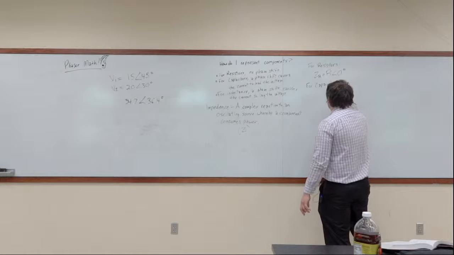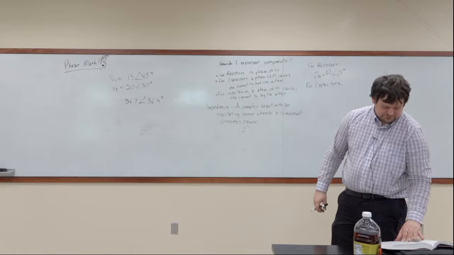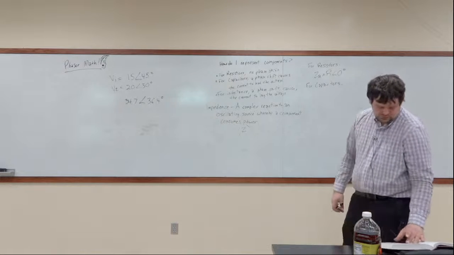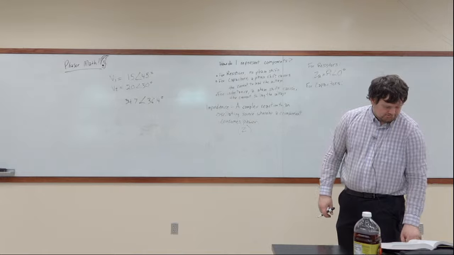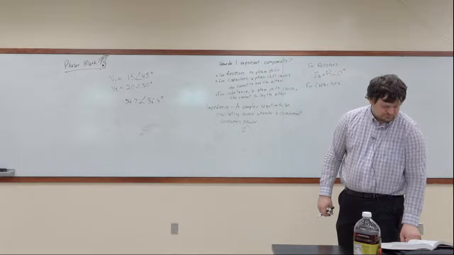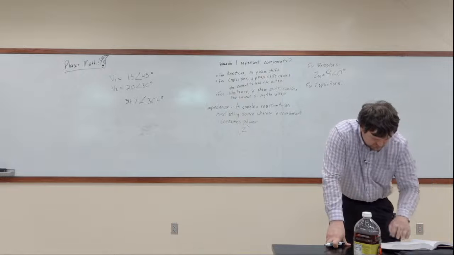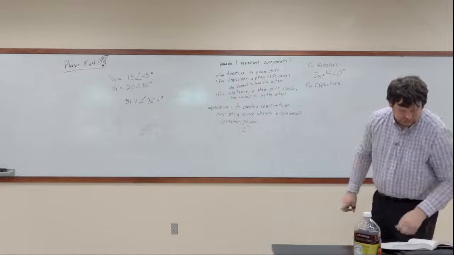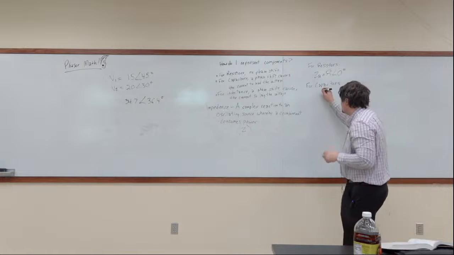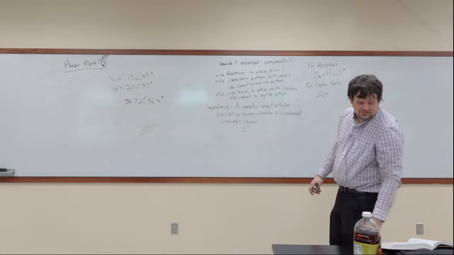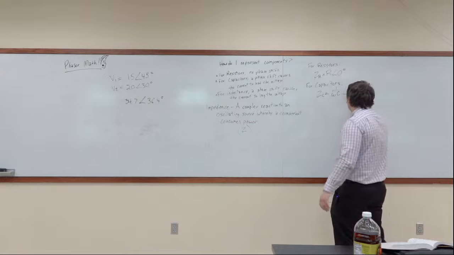For capacitors, because it does involve a derivative, what you end up with is Z_C equal to 1 over omega C times a phase angle of negative 90 degrees.